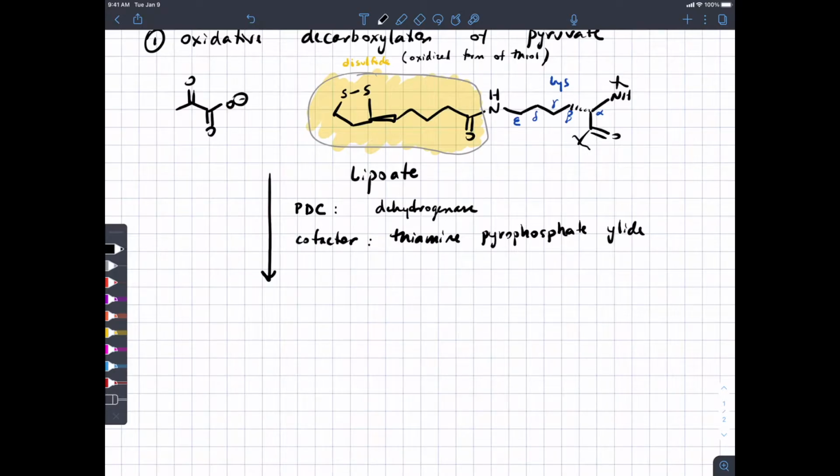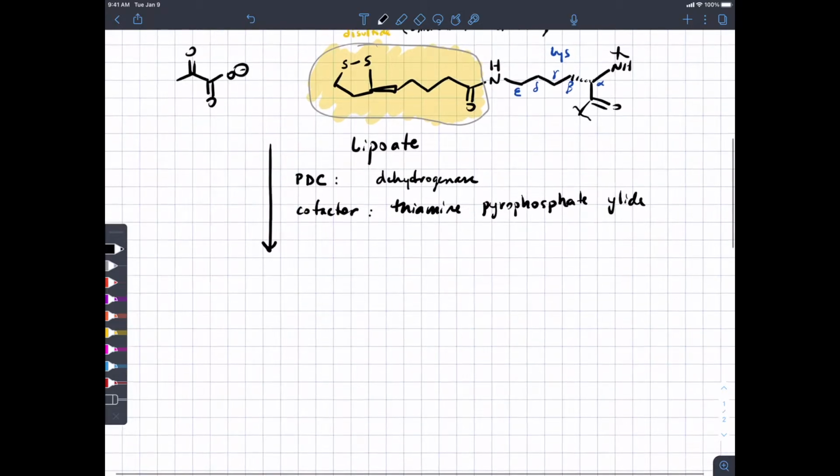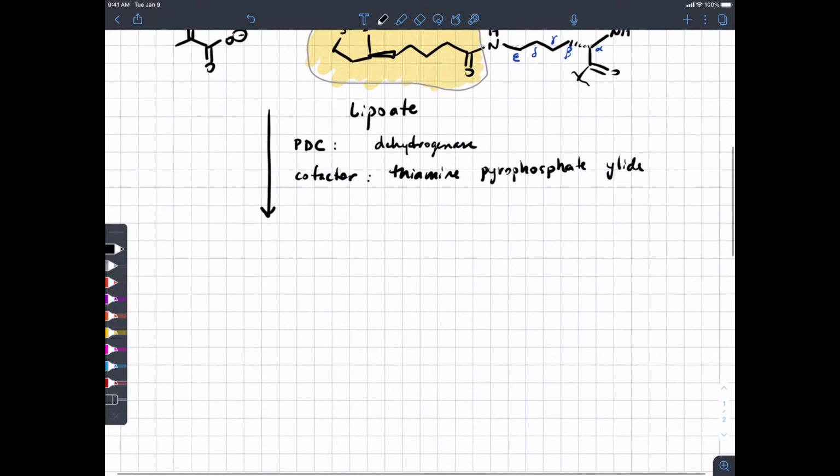And you may have heard of thiamine before. I think it's one of the vitamins, but I forget which one. Its structure is sort of complicated, but you can focus. I'm going to draw the whole thing, but you can focus in on the business end of the molecule, which I'll show you.